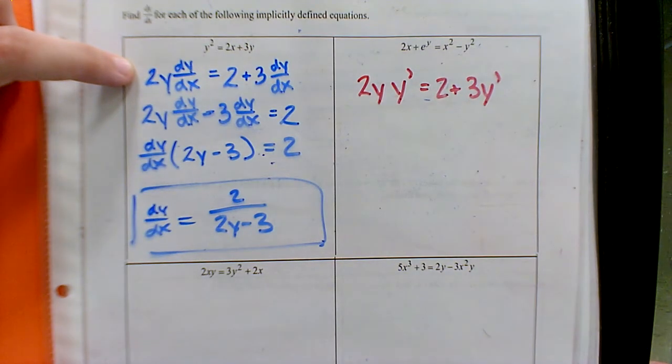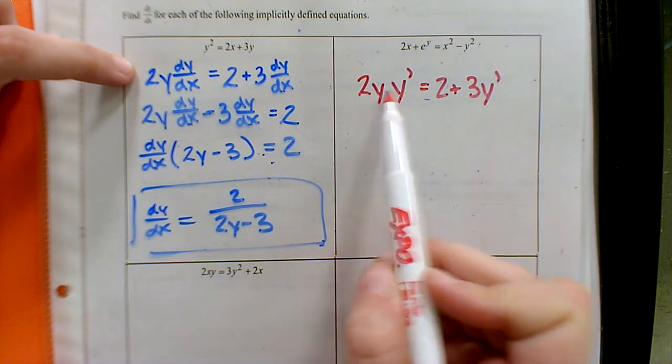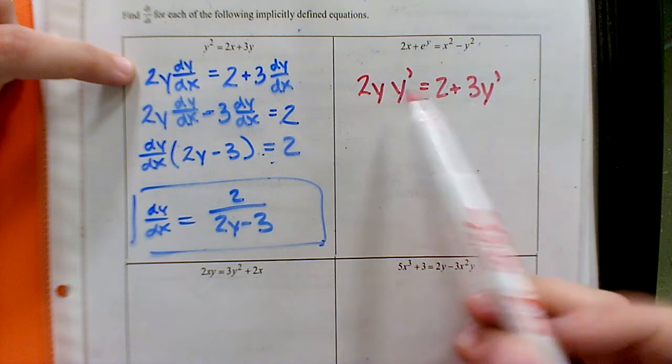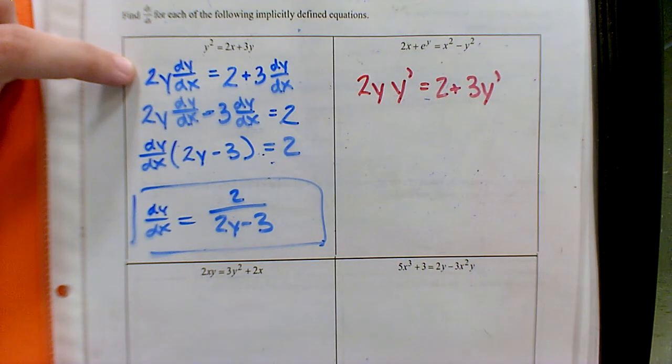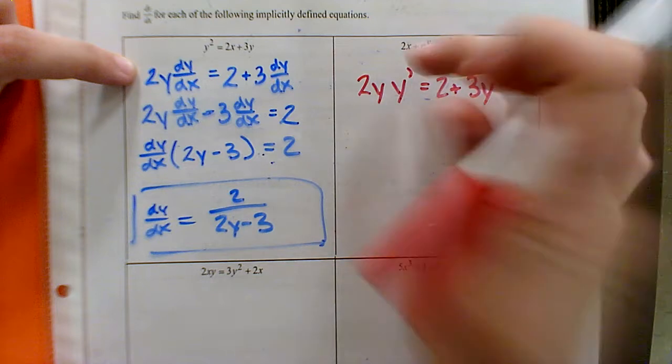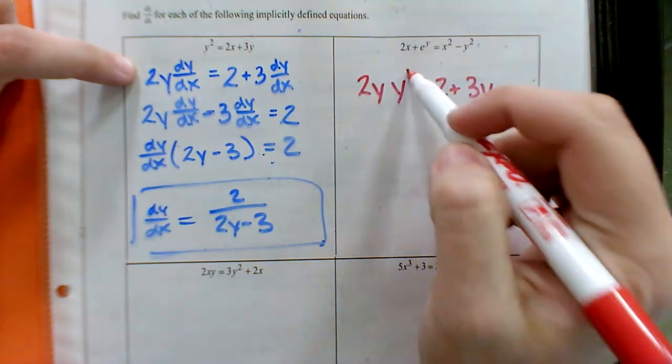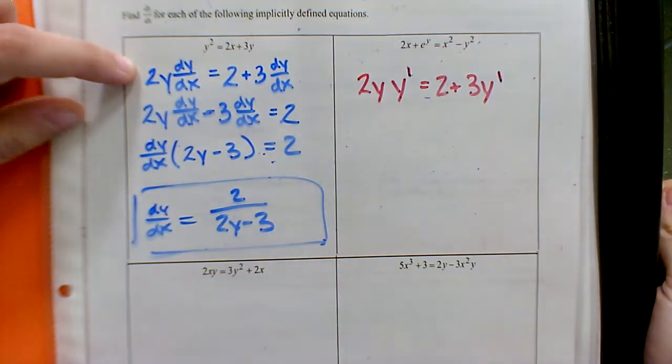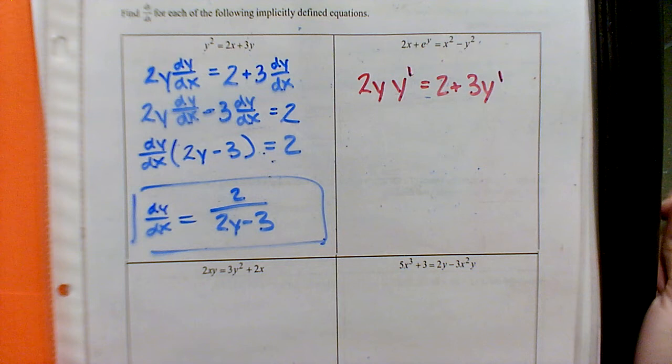Y prime and dy over dx are the same thing. But some of you might get confused because you have these two y's here, and you might want to do something with them. Some of you might not write your primes clearly, and maybe you write them as powers of ones, which you might confuse for some power rules or properties later on.